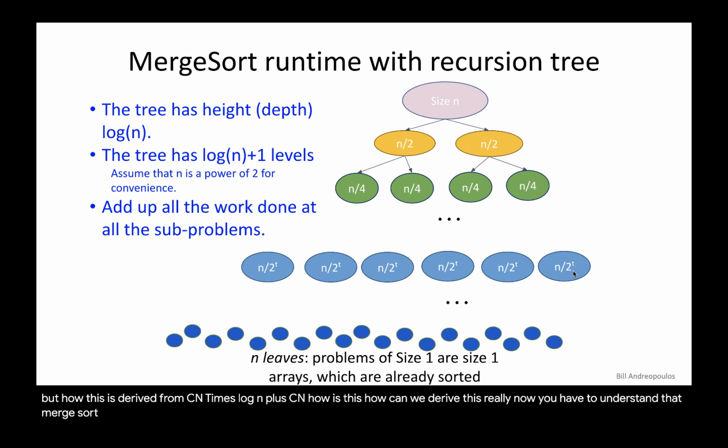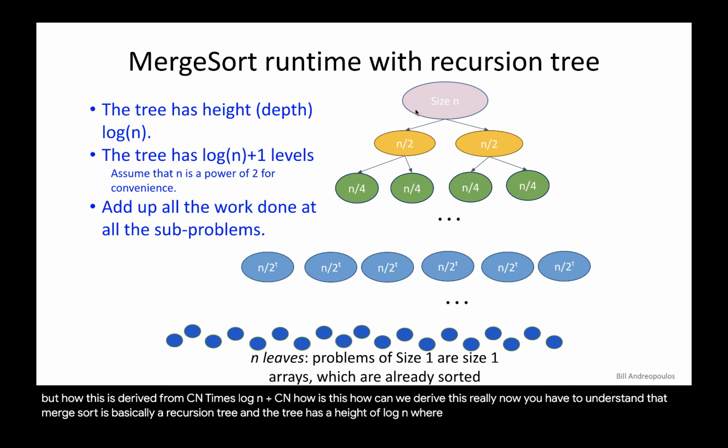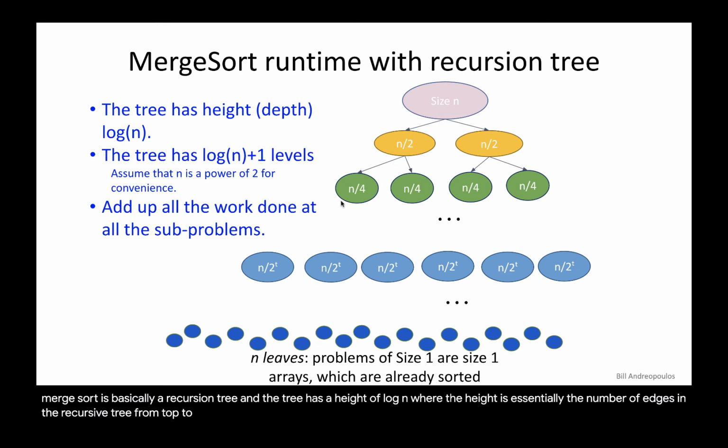You have to understand that merge sort is basically a recursion tree, and the tree has a height of log n, where the height is essentially the number of edges in the recursive tree from top to bottom. And then the number of levels is log of n plus 1, where the number of levels is the number of the nodes from the top to the bottom.